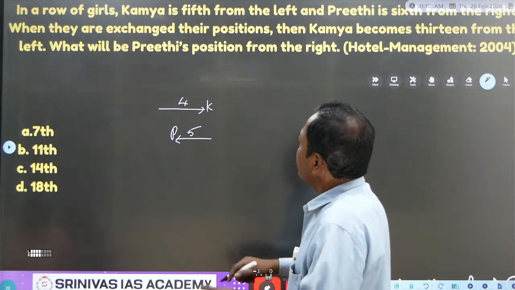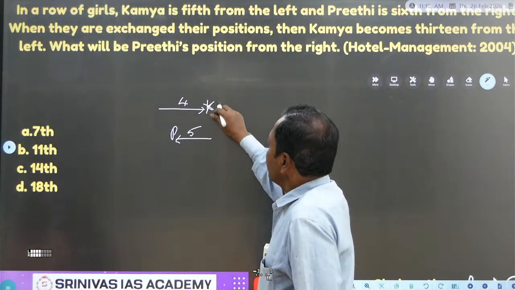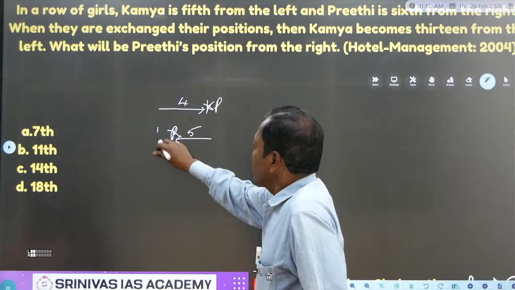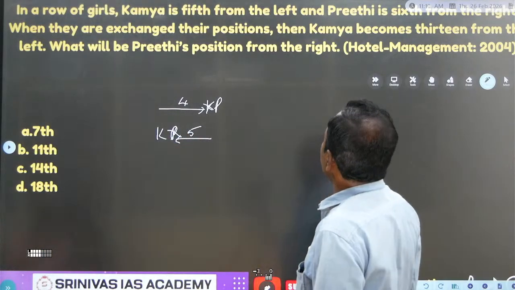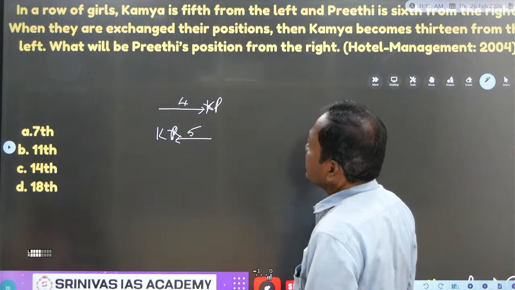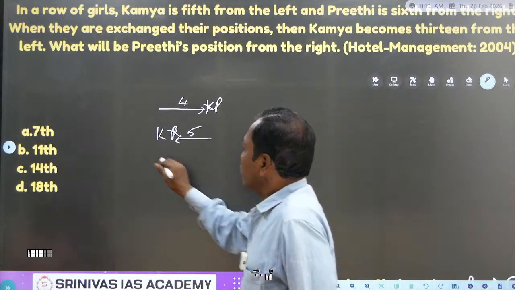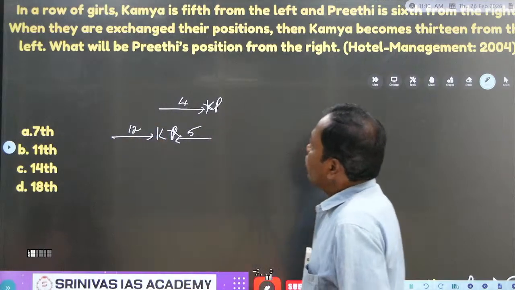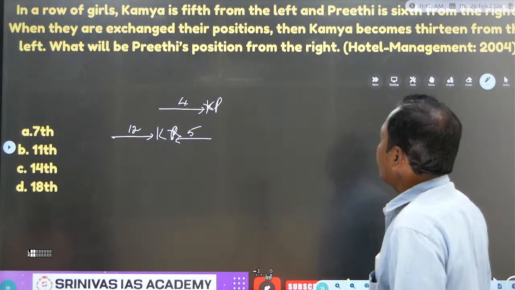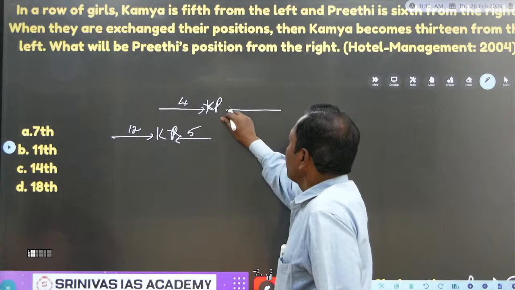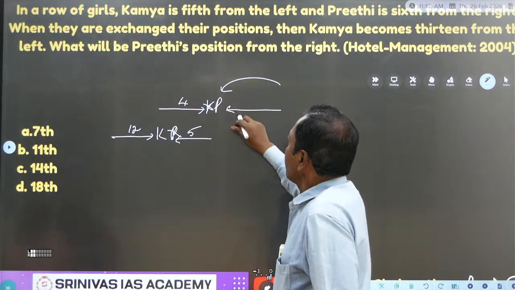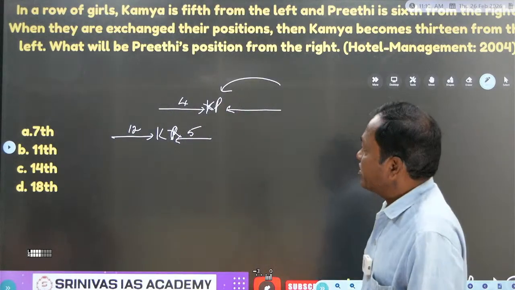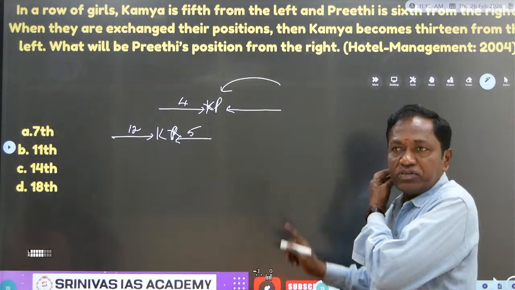When they exchange their positions, then Kamya becomes 13th from the left. What will be Preeti's position from the right? But the total size of the row is not given.